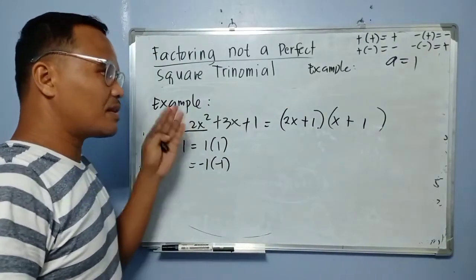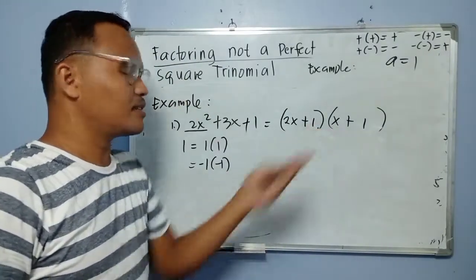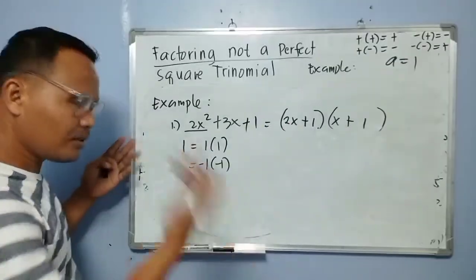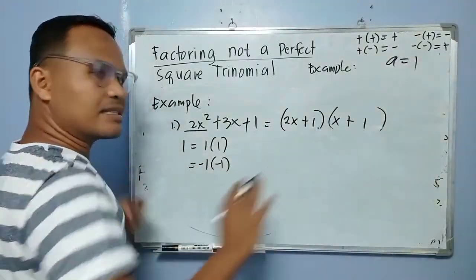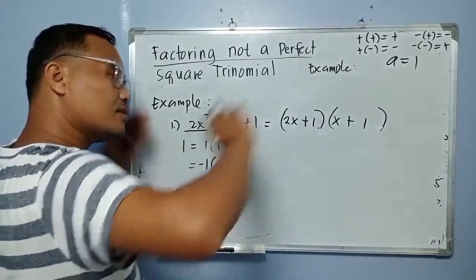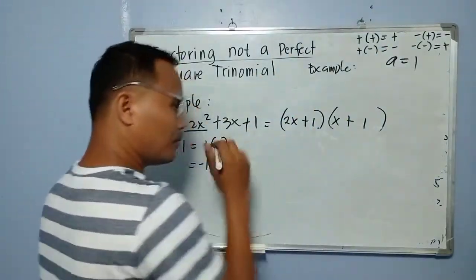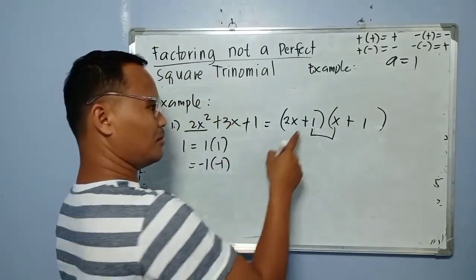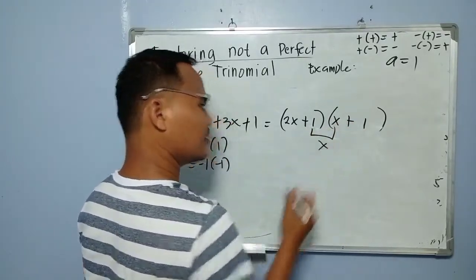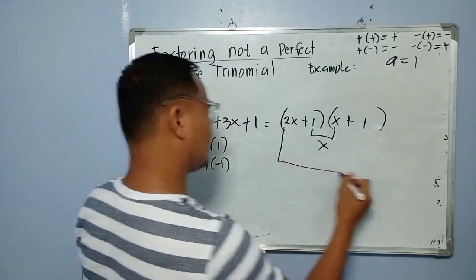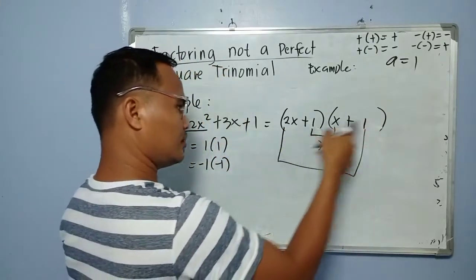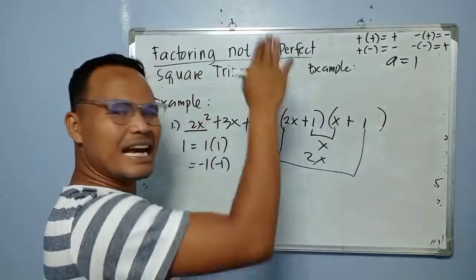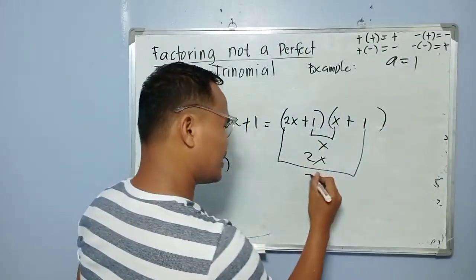How do we know that these two factors are correct? We can use the FOIL method, but it takes a long time. What we are going to do is multiply the inner terms: 1 times x, that is x. Then multiply the outer terms, that's 2x. After multiplying the inner and the outer, get the sum, 3x.